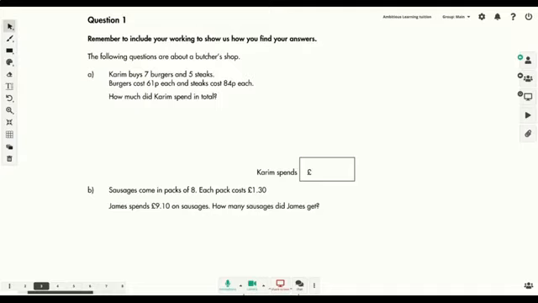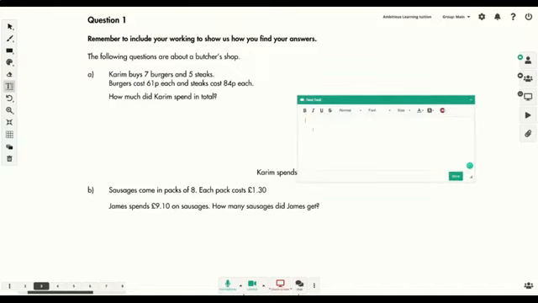Let's start doing it. That's an easy one. We need to know the cost of the burgers and the cost of the steaks.